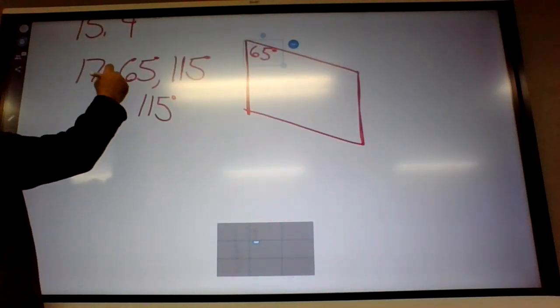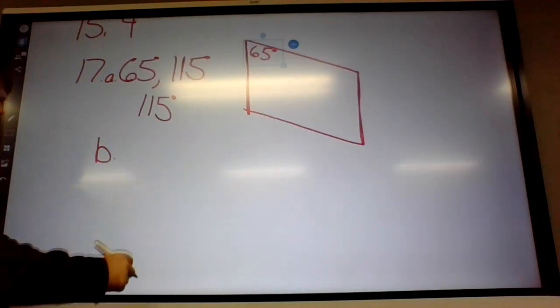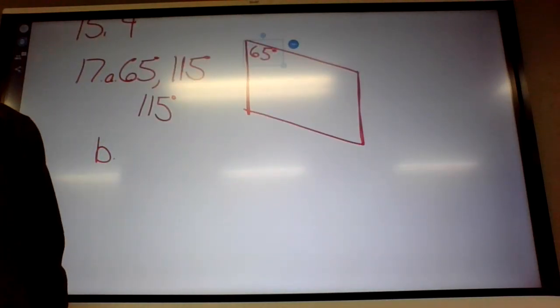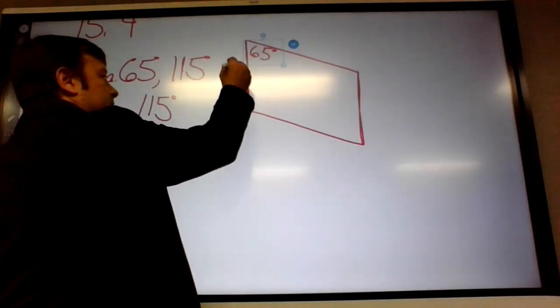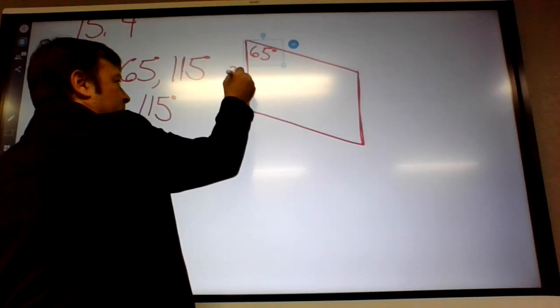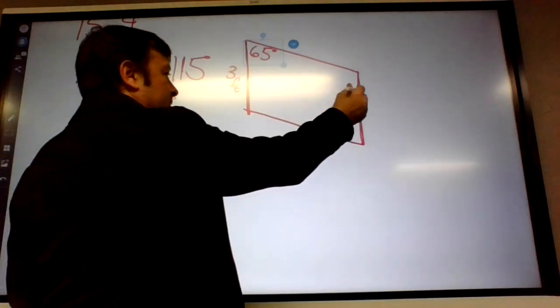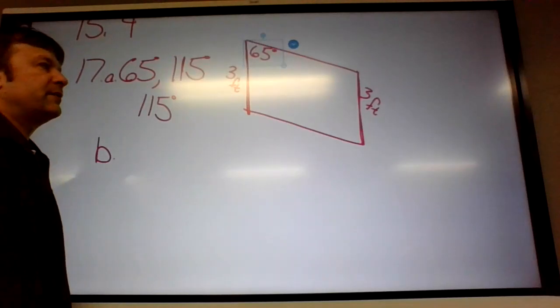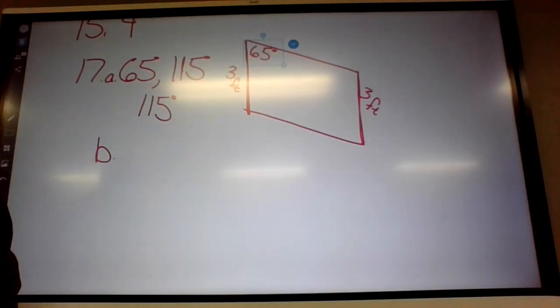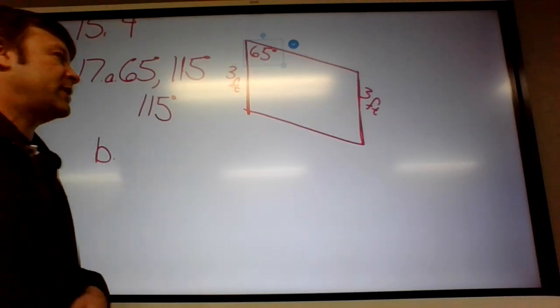Okay, B, if the vertical supports are 3 feet long, so we're not talking about angles anymore, we're talking about the length of the supports. If those are both 3 feet long, and they're attached to the handrail every 5 feet, so where should the 5 feet go?